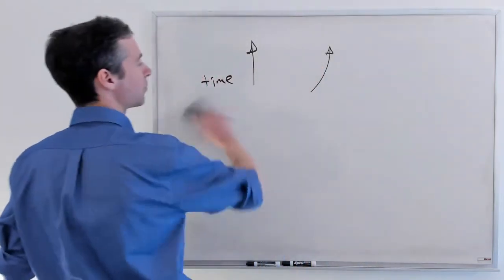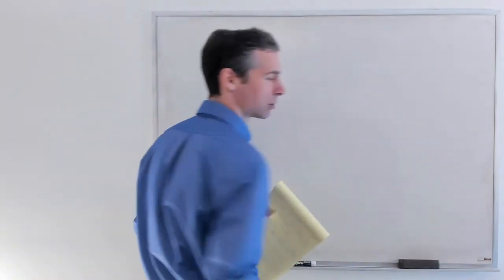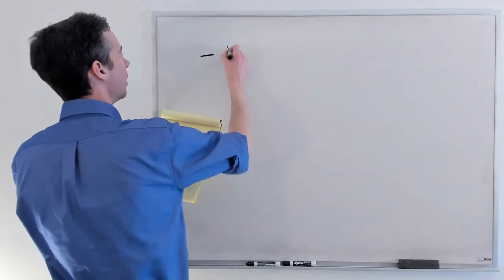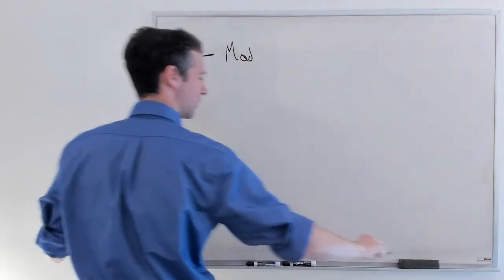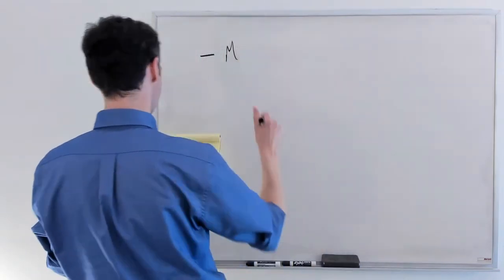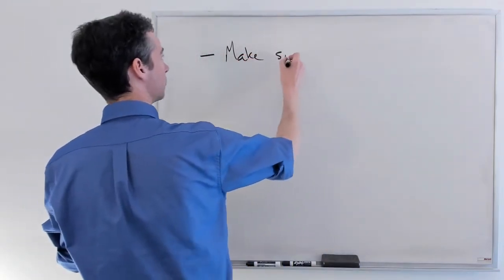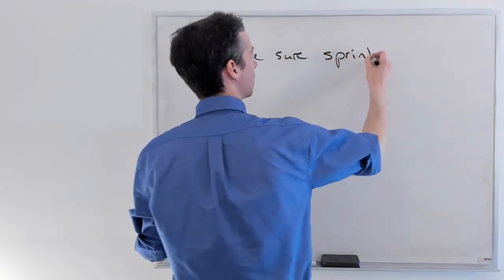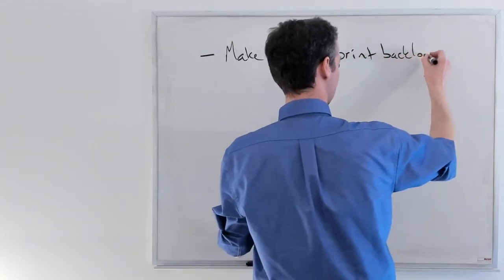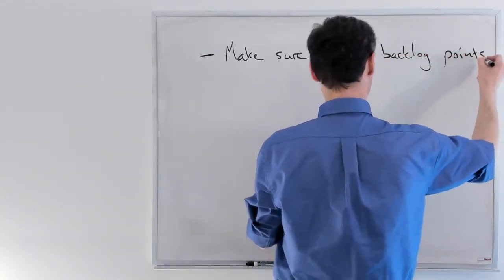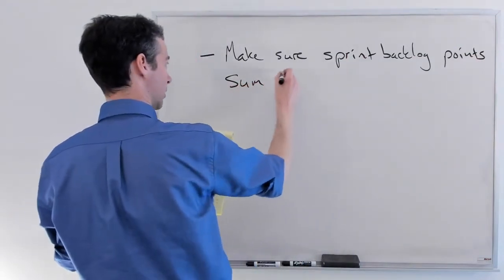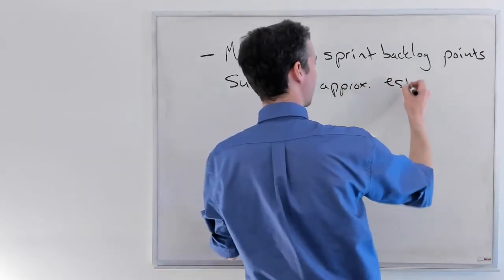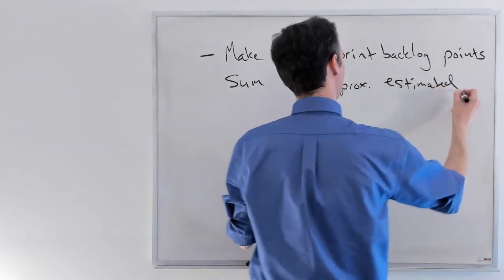All right, so you've estimated all of your story sizes for the sprint backlog using planning poker. So you're left with going and making sure the points in the sprint backlog sum to approximately the estimated or predicted sprint capacity.